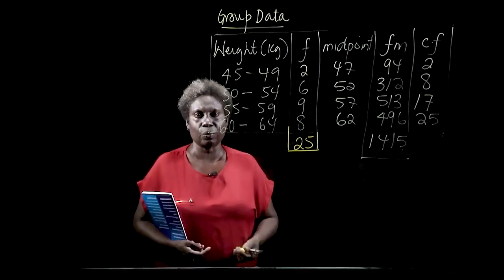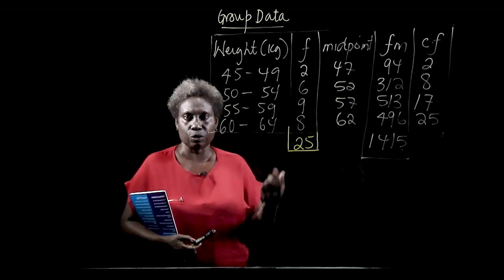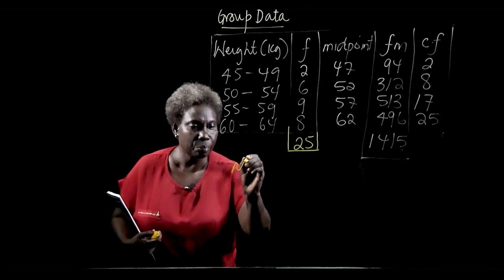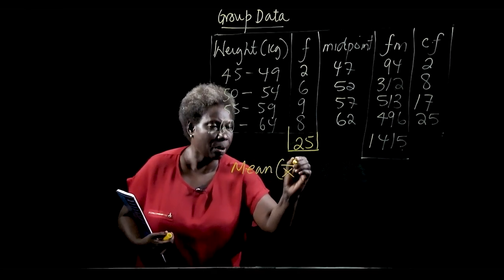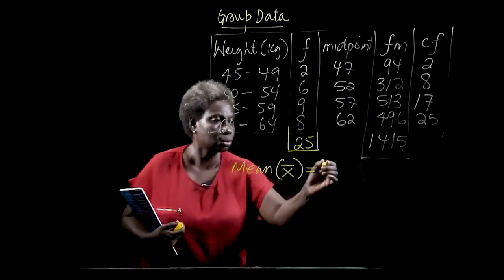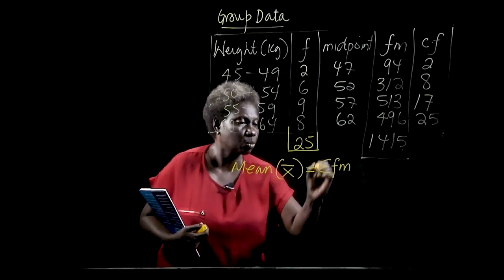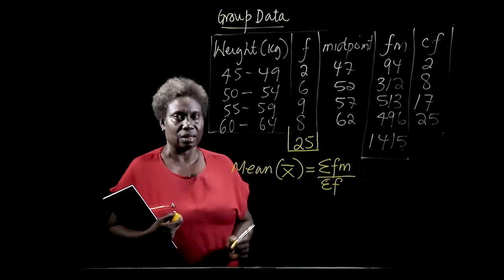We are going to calculate the mean weight, which is the average weight of the 25 students. How do we calculate that? The mean, the symbol is an x with a bar over it, is equal to the sum of the frequency times midpoint over the sum of frequency.